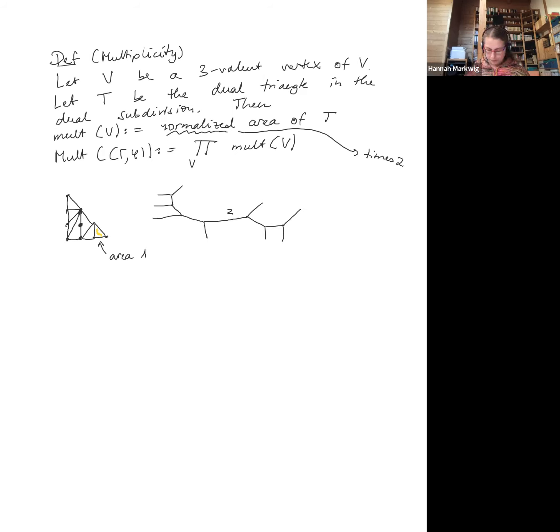Okay, and now maybe I can ask you, what is the area of this triangle? I think I heard it already, 2. Very good. And analogously, this also has 2. All the others have area 1 though. And so what is the multiplicity of this tropical curve? That's 2 times 2 times 1 times 1 times 1 times 1 times 1, and that's 4.